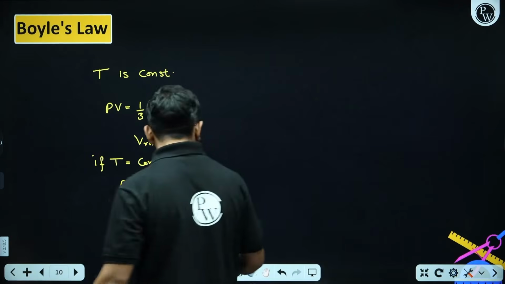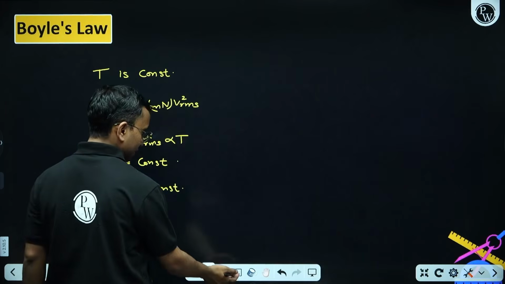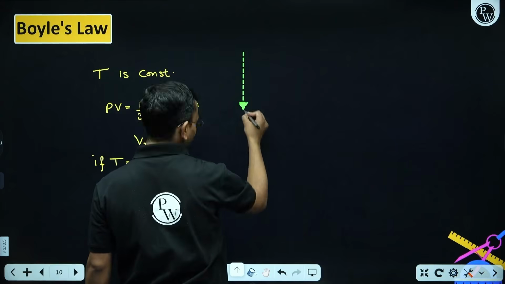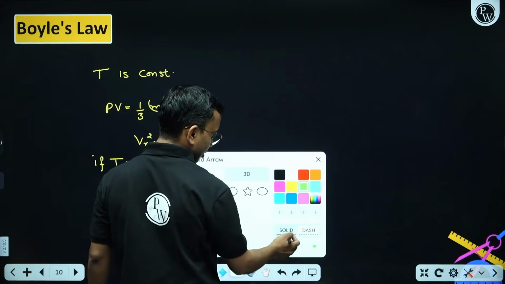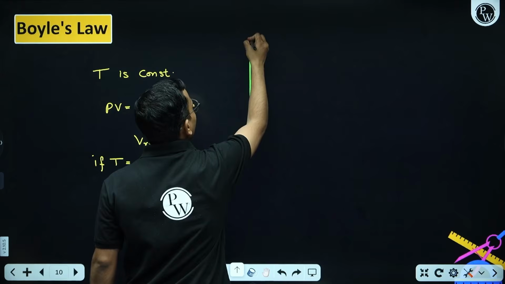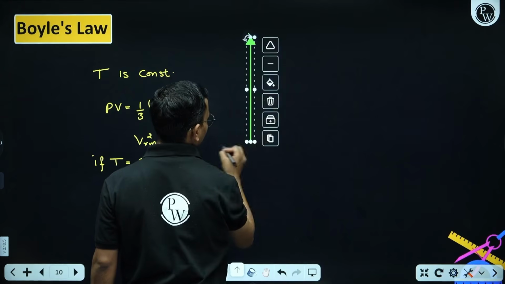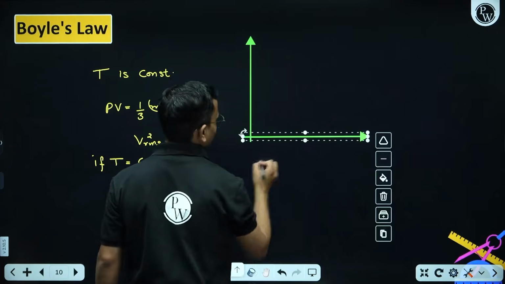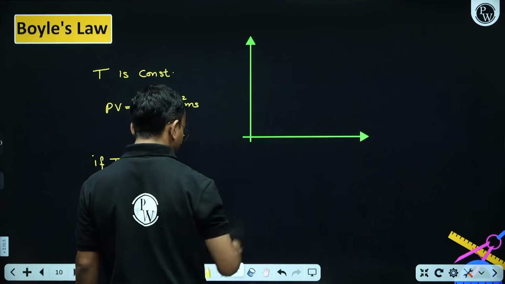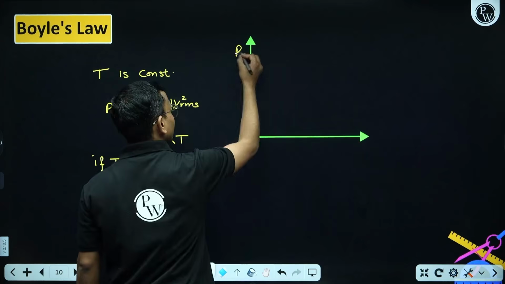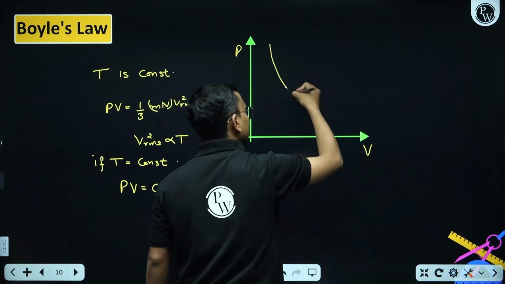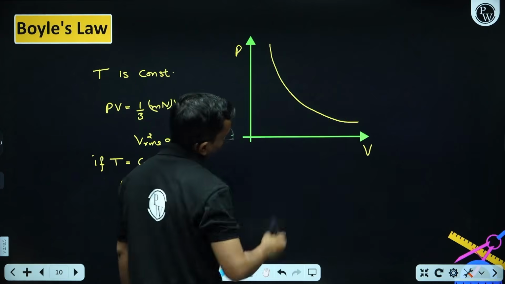And the curve, I can draw that, the PV curve here. Let us take this as my pressure and this as my volume. This curve comes out to be like this, a rectangular hyperbola.